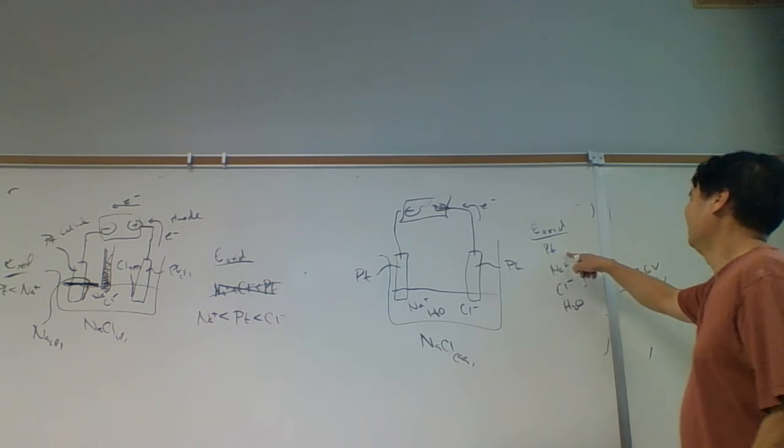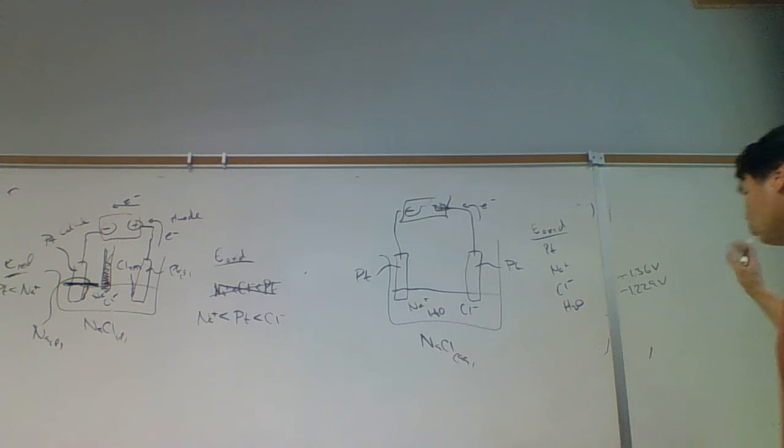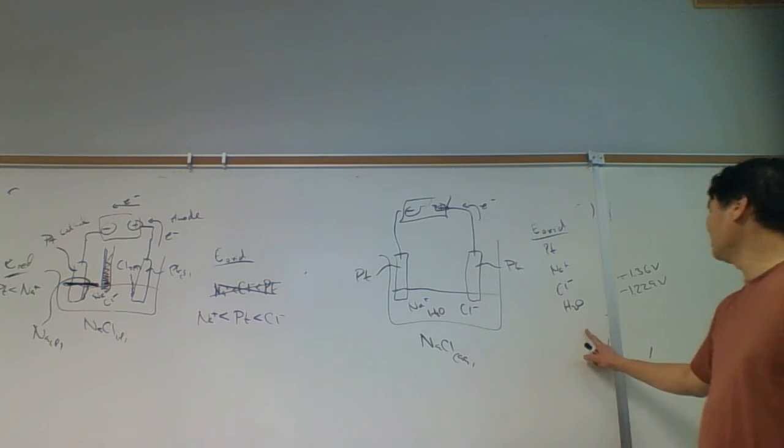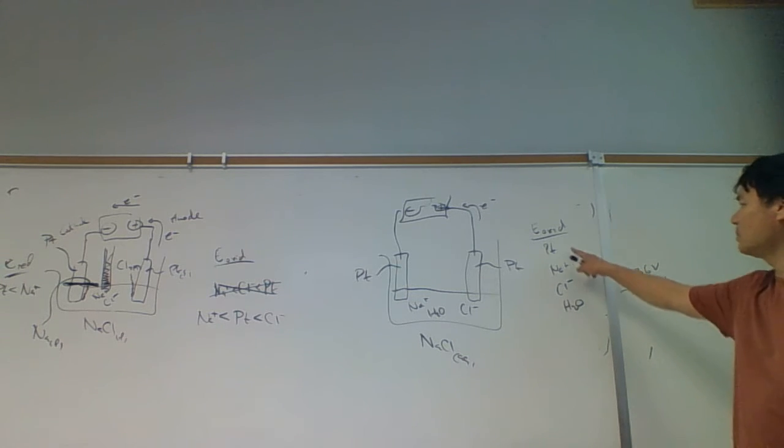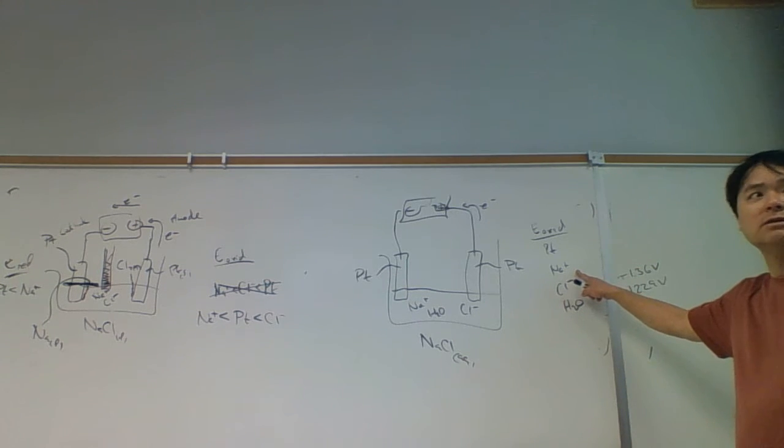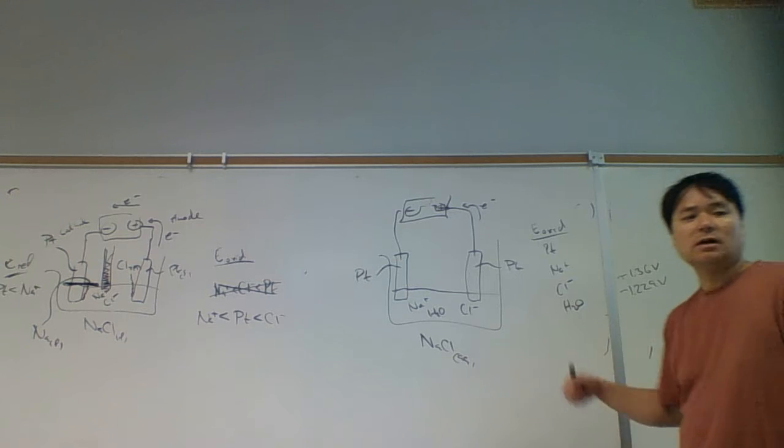Platinum is off the charts, and sodium ion is way off the charts, because to oxidize the sodium ion you'd have to pull a core electron off, and pulling a core electron off to form sodium 2+ is not easy. So sodium ion is definitely the lowest. The ranking would be: water the highest, chloride next, platinum next, and then sodium ions last. Terribly difficult to oxidize sodium ion.